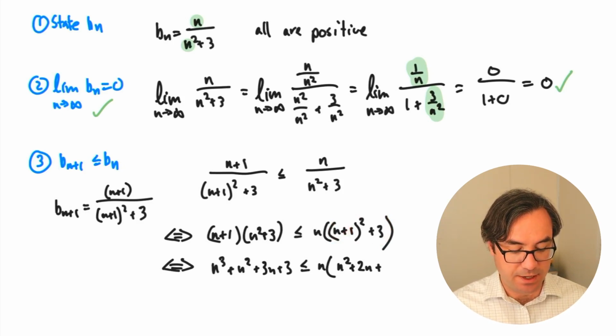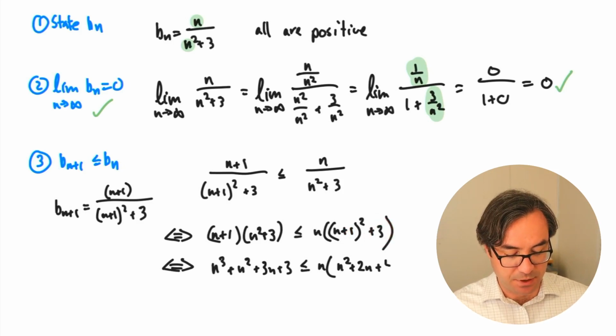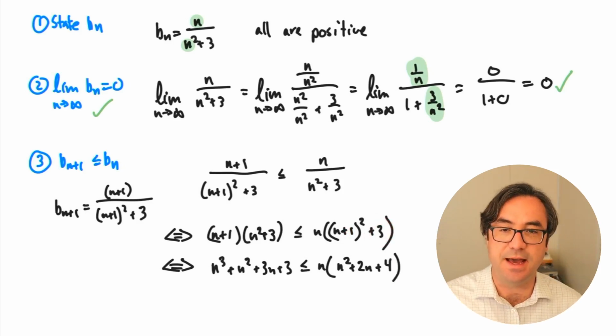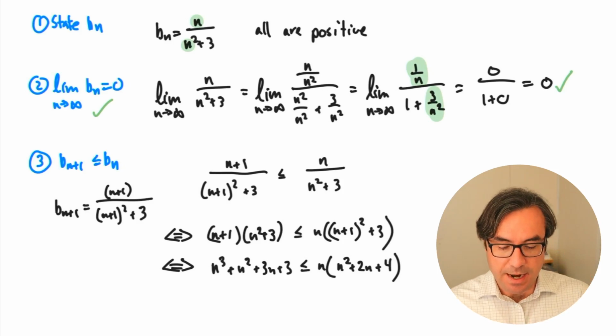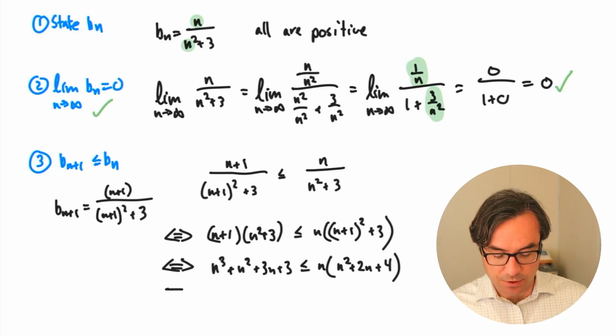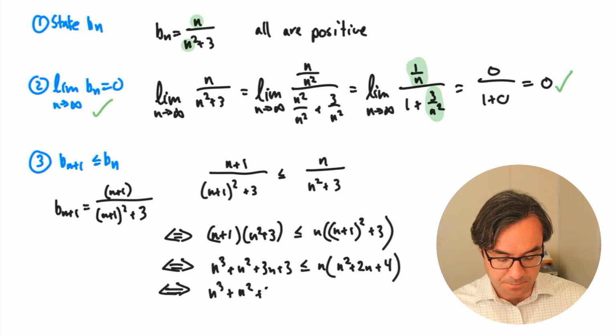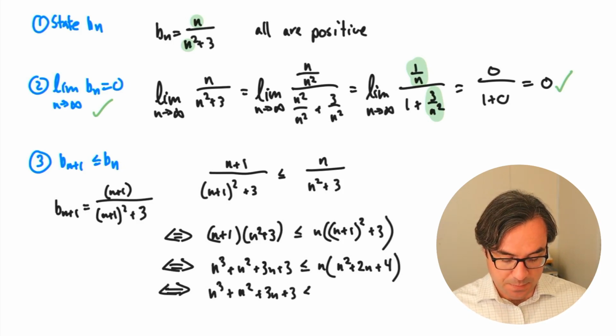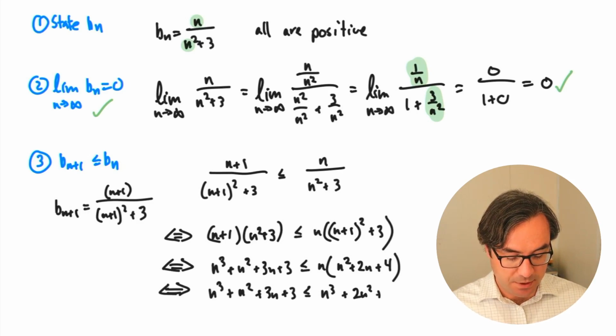And we'll have a plus 1 here, but then we also have this plus 3, so that'll be plus 4 if we consolidate that. Now let's distribute. Keep going a little further. And we end up with n cubed plus 2n squared plus 4n.